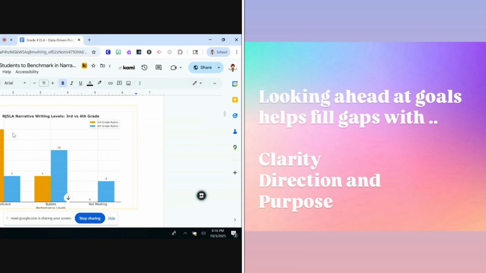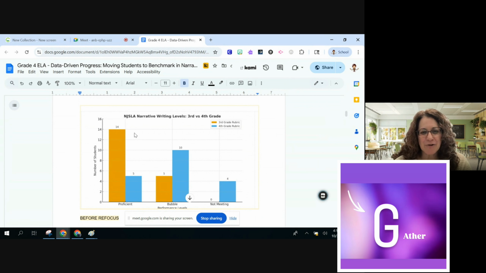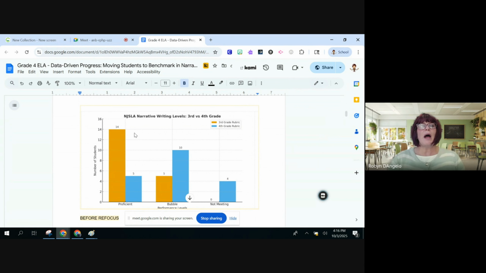So I wanted to collect this data to be proactive and see what I needed to do to fill in the gaps and what teaching points I needed to zone in on so that I can get them to that next level. Right. I like it. The G in grow. You're gathering information. I'm gathering information. So I ran all of them, and this was the data that we came up with.